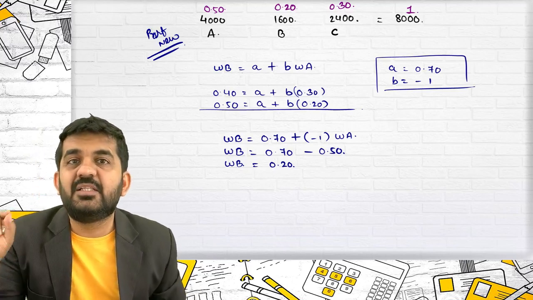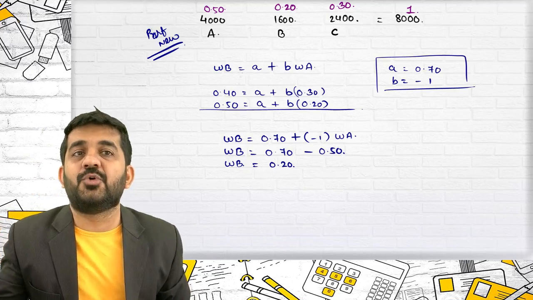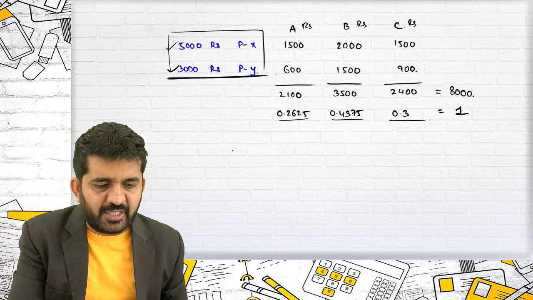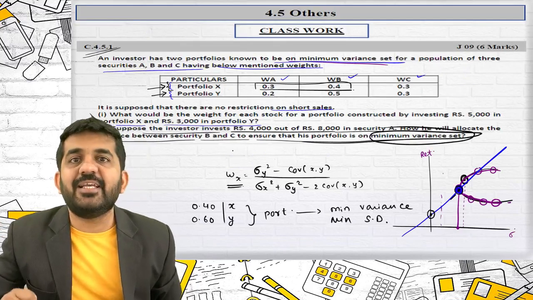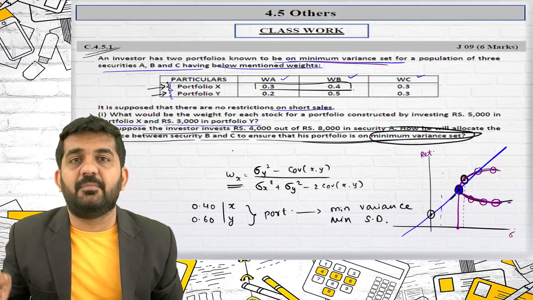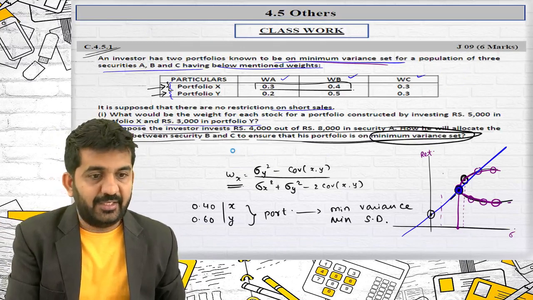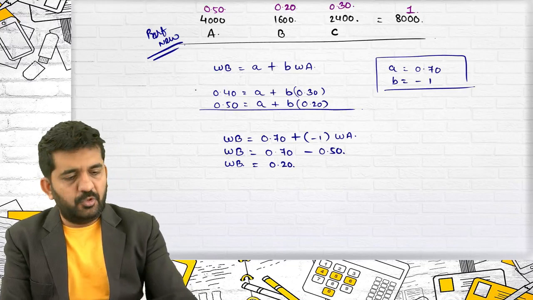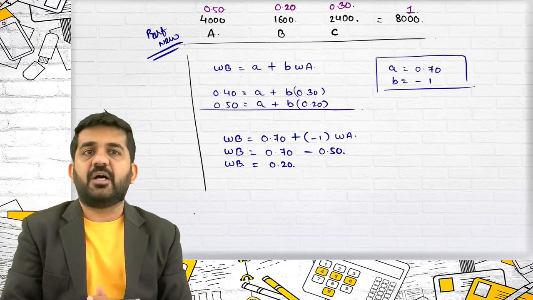Believe me, this portfolio will also be a minimum variance portfolio. Then portfolios X and Y will also be minimum variance portfolios, and this portfolio will also be a minimum variance portfolio. This is the method to find out the minimum variance portfolio.